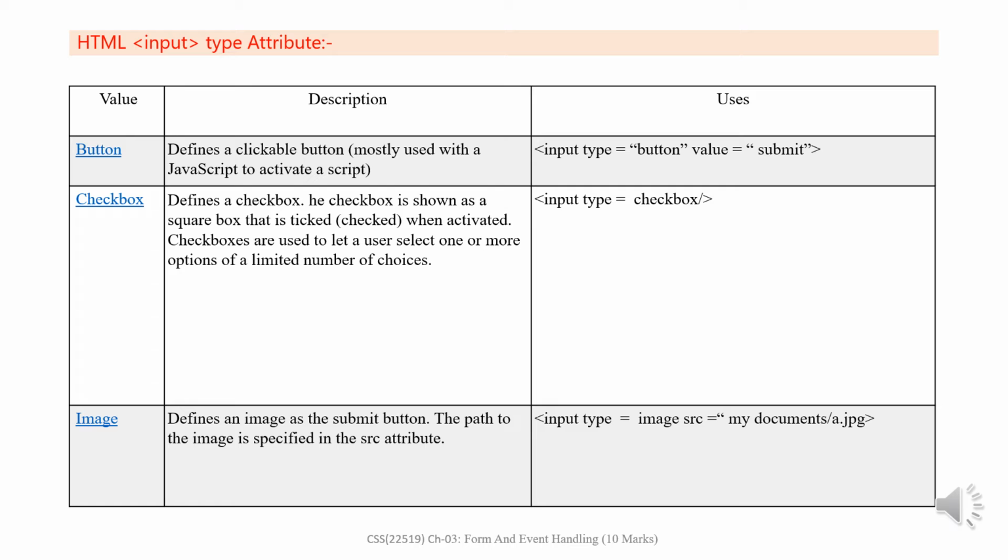It is used as input type equals button and value equals submit. While using it in the programming language, we write input type equals button, which will display the button, and value equals submit means after clicking that button the data will be submitted.